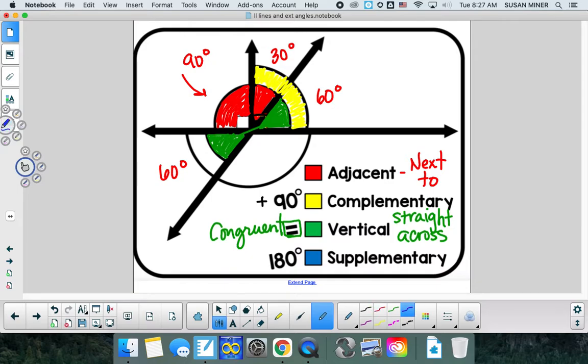The last one we want to talk about is supplementary angles. Supplementary angles add up to 180 degrees. And remember, 180 degrees makes half of a circle, right? And so these two angles that are down here that are making up that nice half circle shape, they're supplementary angles. Now these two angles just happen to be adjacent to each other.